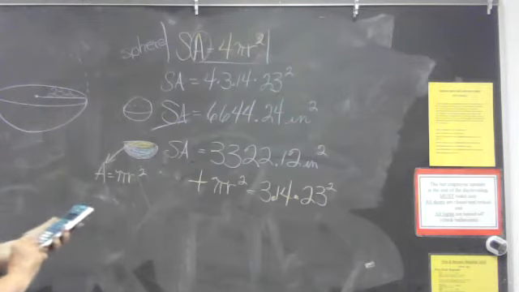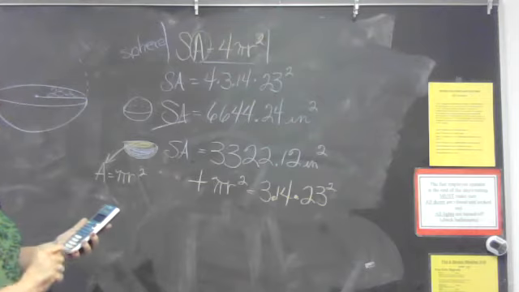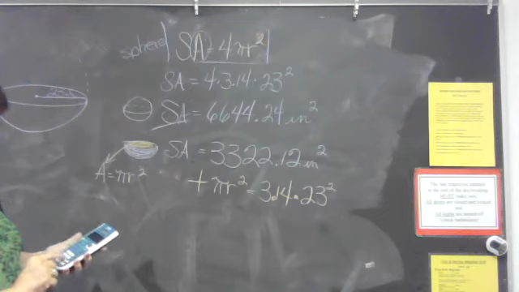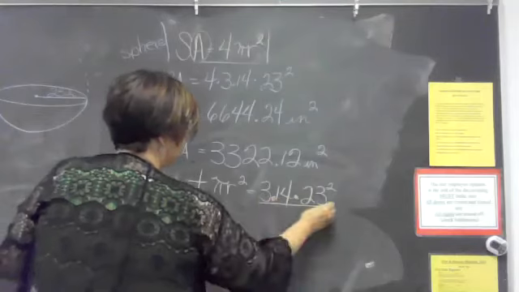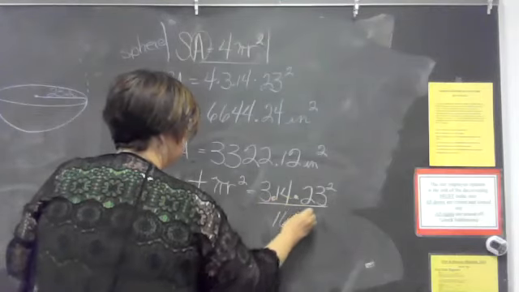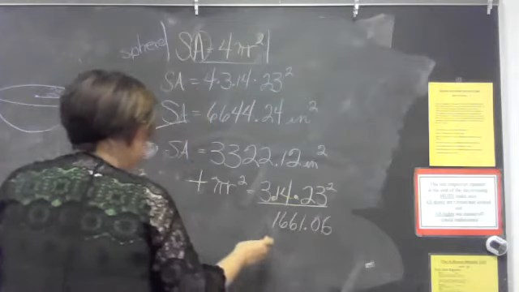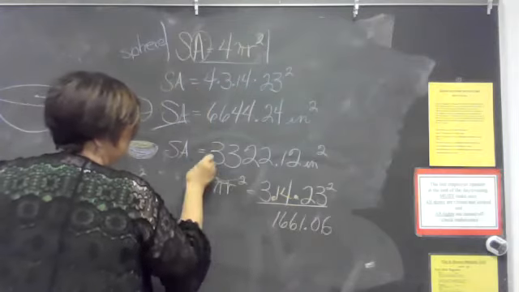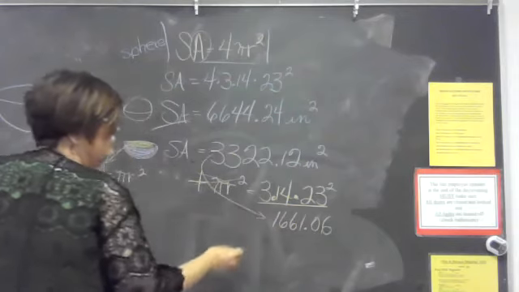Okay. So I have 3.14 times 23 squared. It's 1661.06. So this part right here is 1661.06. This has to be added on now. This is the outside of that sphere, and this is the center circle.